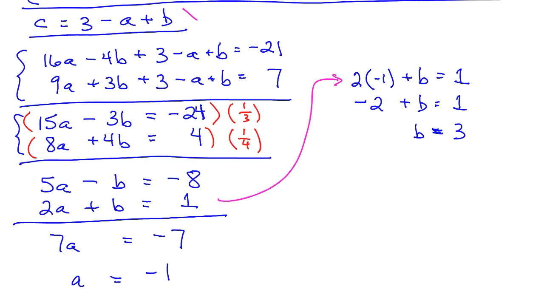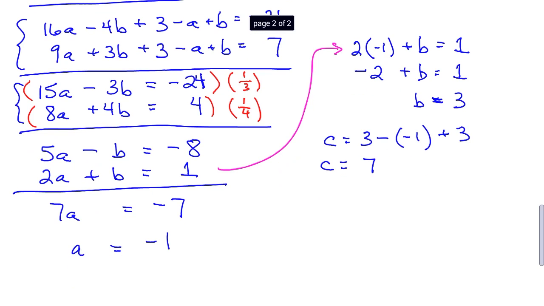And then I'm going to use this original equation. I'm going to get c is equal to 3 minus negative 1 plus 3. So c was equal to 7. And so then the question is, what was the quadratic?